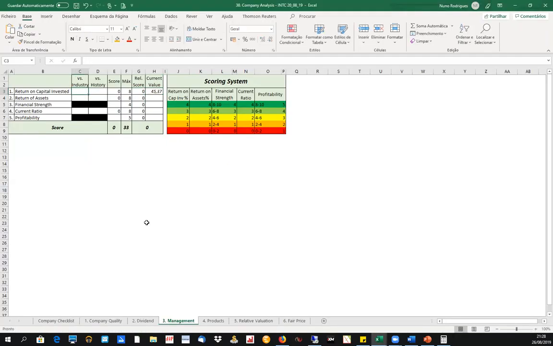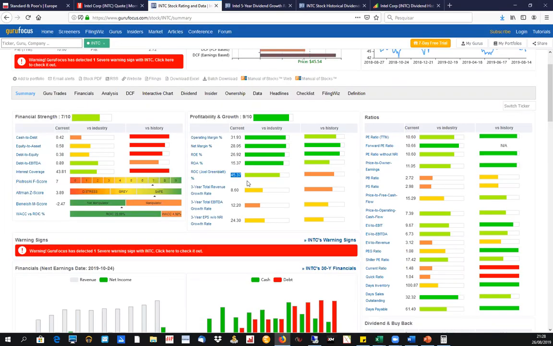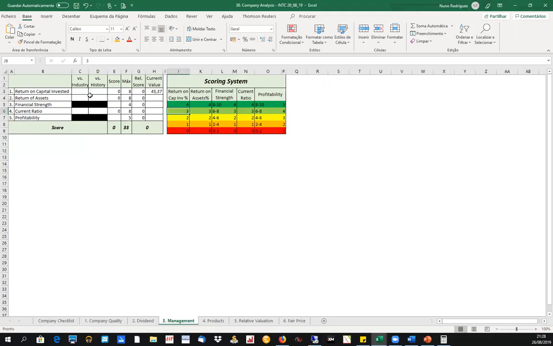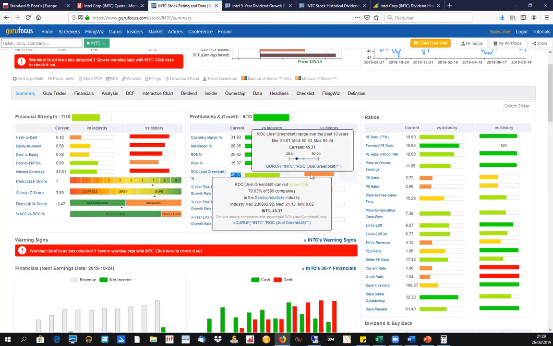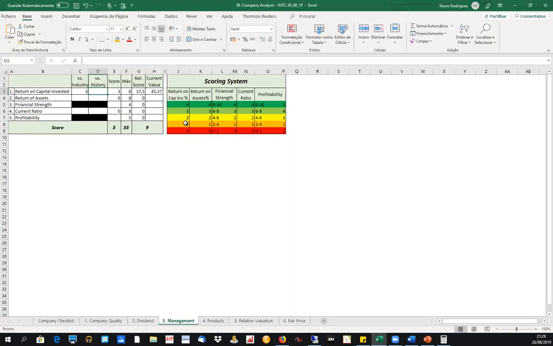Now let's use the color scheme versus industry. Light green, so it's a 3. Versus its history, we have orange, so orange will be a 1. Score a 1.